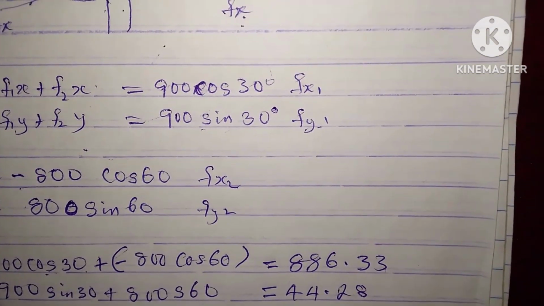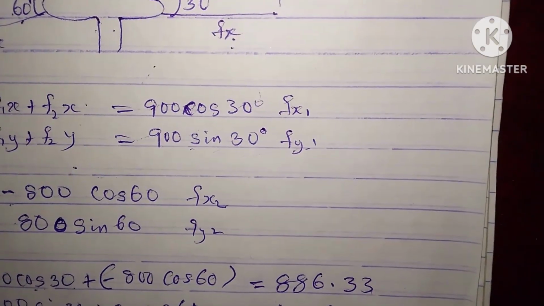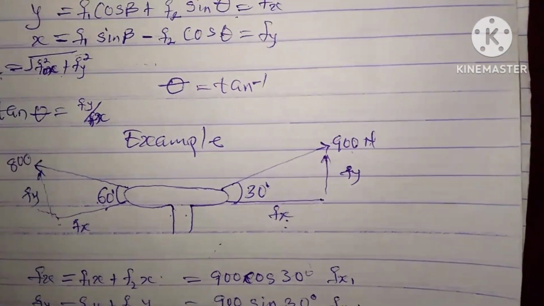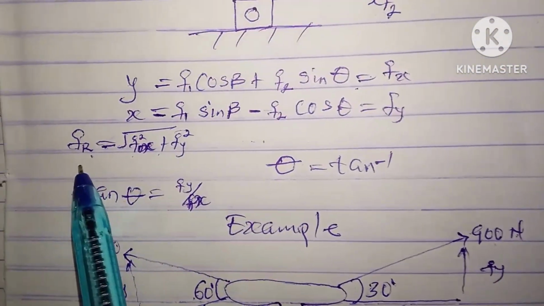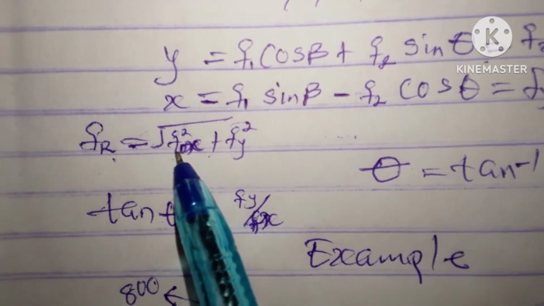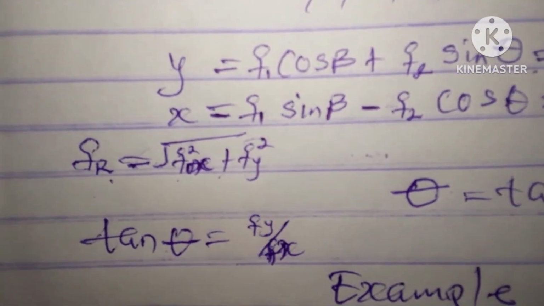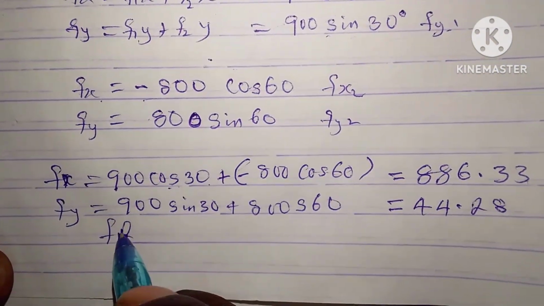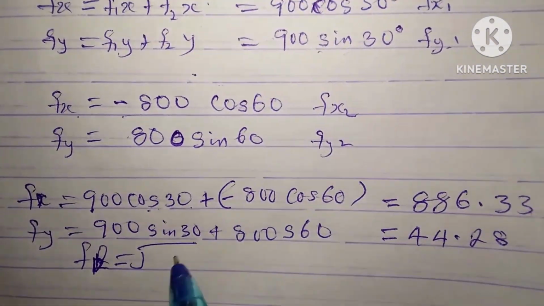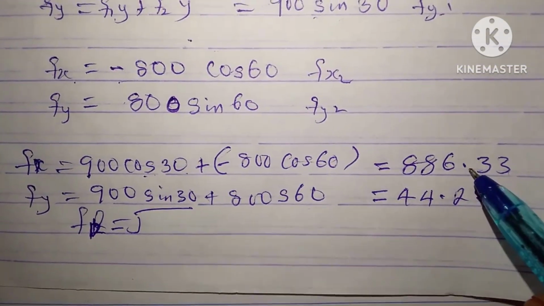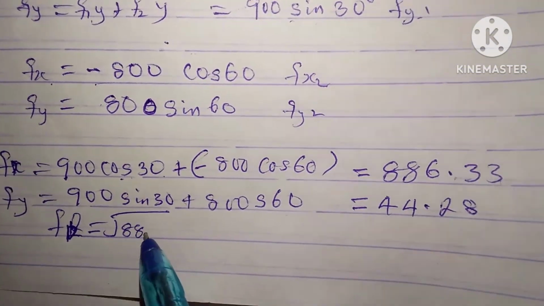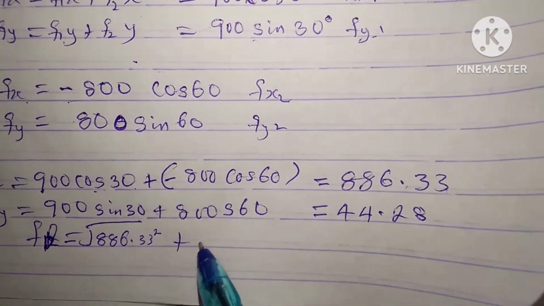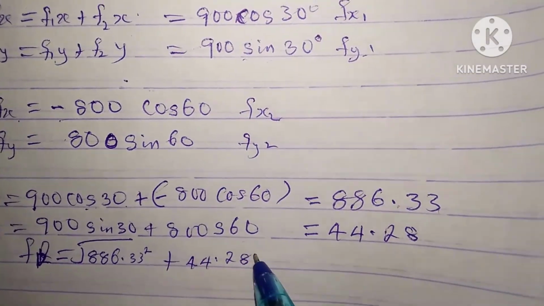So at this junction, what are you going to do? What is the formula for finding FR? If you trace back, FR is equal to the root of Fx squared plus Fy squared. Now if you apply it, FR will be equal to the root of 886.33 squared plus 44.28 squared.